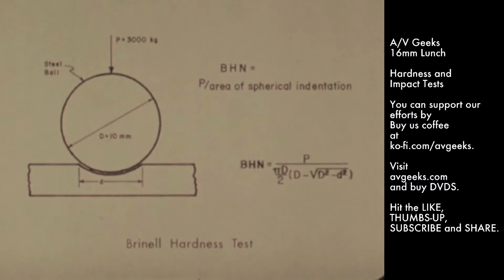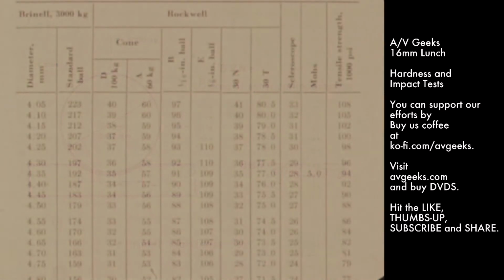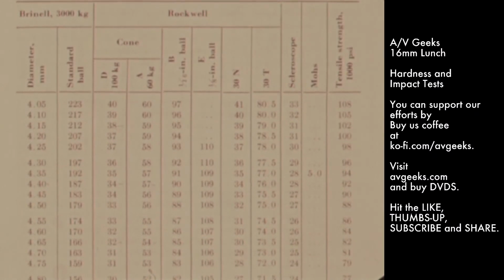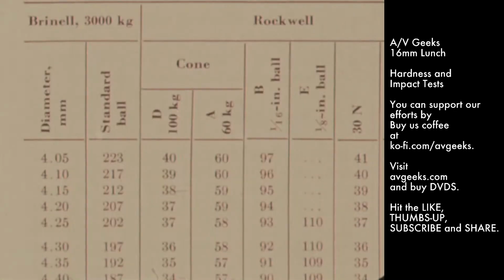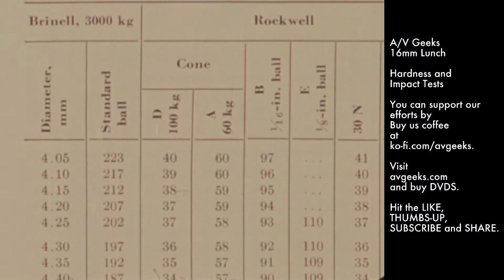This area can be determined from the diameter of the indentation, small d, and the diameter of the steel ball, capital D. Commonly, however, the area is not calculated. Instead, charts are used to go directly from a measured diameter to the corresponding Brinell hardness number. Brinell hardness numbers have the same units as stress, load divided by area. For metals, the Brinell hardness number ranges from about 100 to 600.